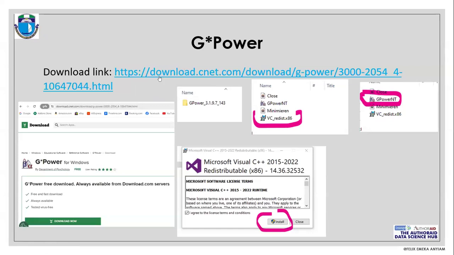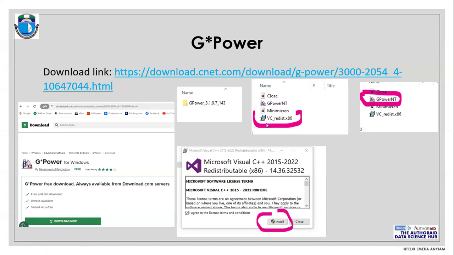So when you go to this link, you are going to see this. You download it. When you download it, it gives you a folder like this. When you click on that folder, you see 4 files inside. First of all, you should download the Microsoft Visual C++, because without this Microsoft Visual C++, you won't be able to run the G-Power, because the G-Power uses the Microsoft Visual C++ to actually work.